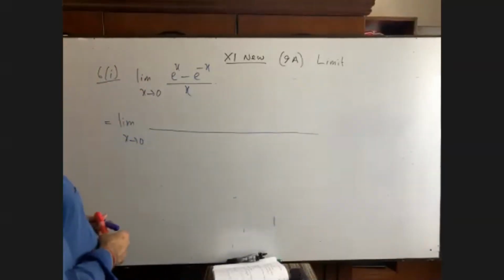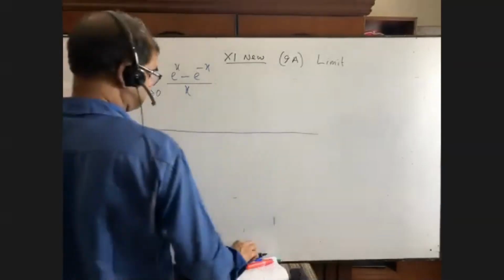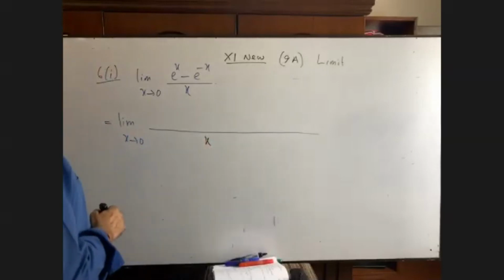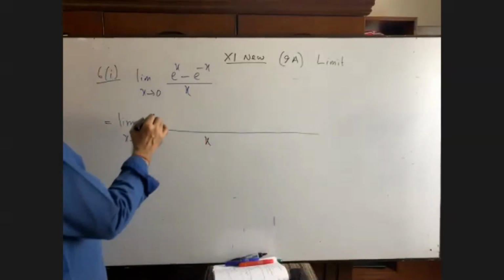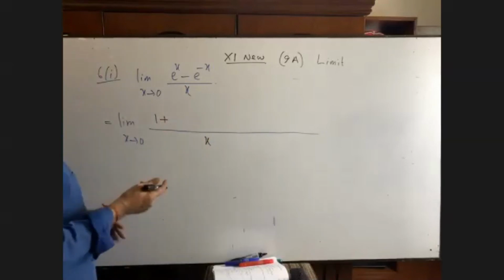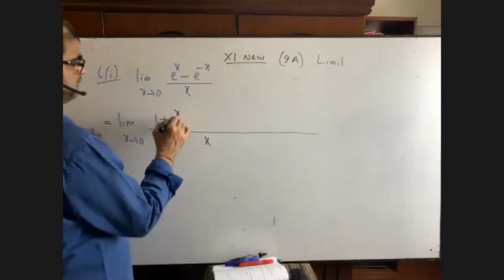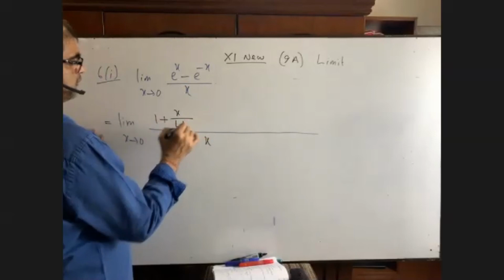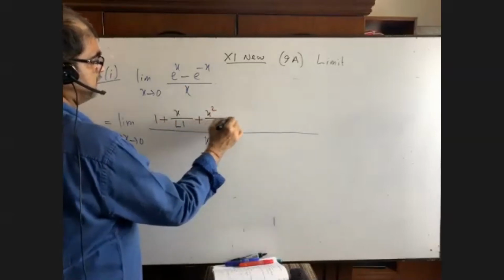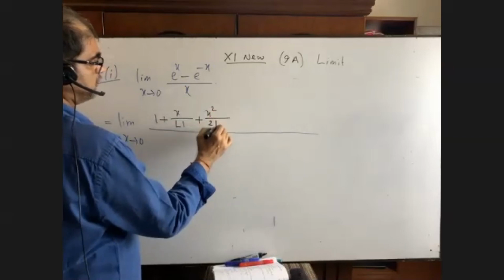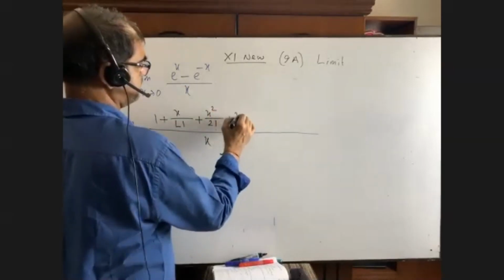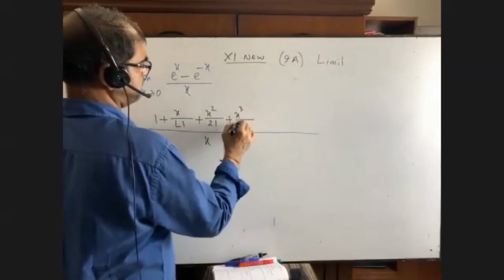Okay, you see, all of you are required to pay attention. 100% attention is needed here. This is x. E to the power x, you write down the formula. 1 plus x by 1 factorial, x square by 2 factorial, plus x cube by 3 factorial.